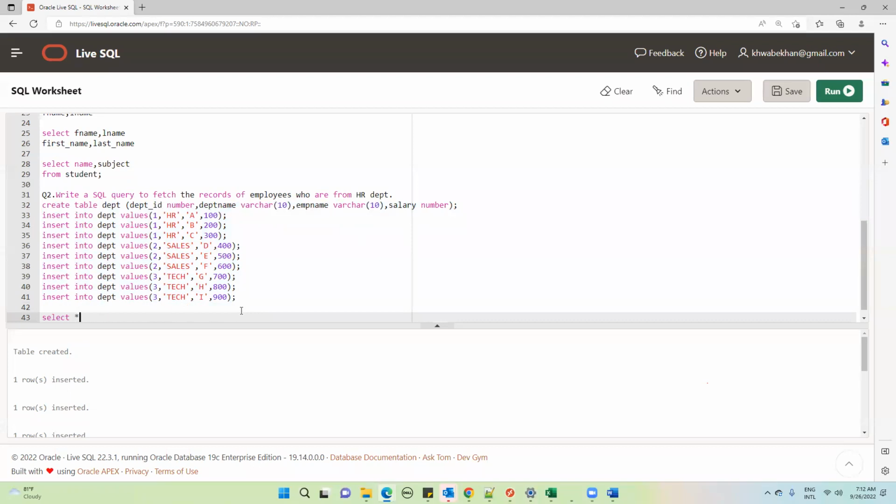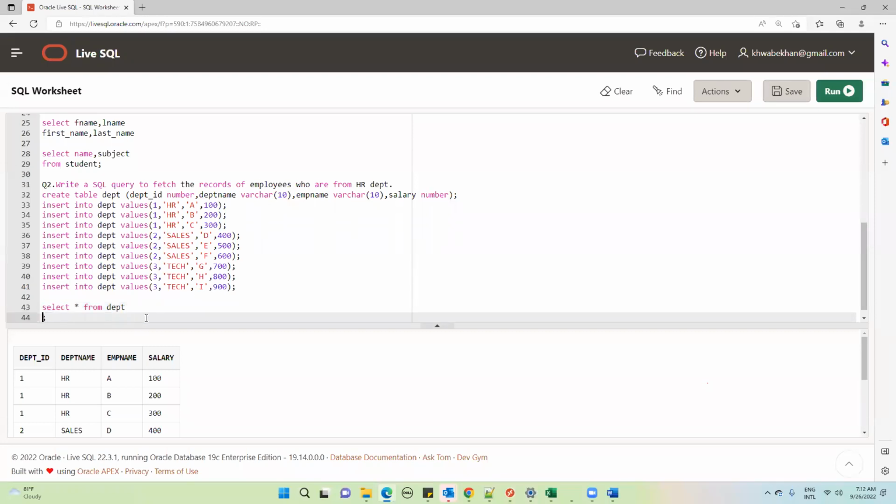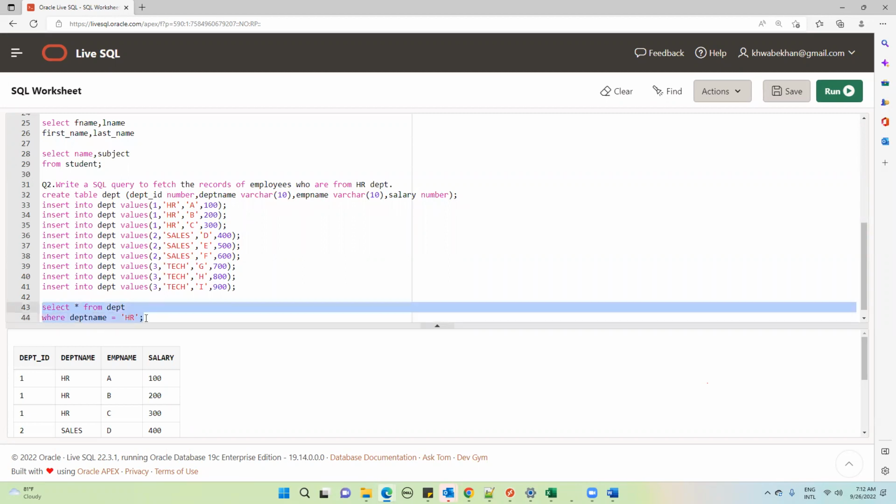Now you can see select star from department. These are all the values. The table data has been loaded. But now the question is, you want to fetch the records of employees who are from the HR department only. You are interested in only those employees. So where department name equals HR. Now you see you are getting only HR department employee details. Hope it is clear.